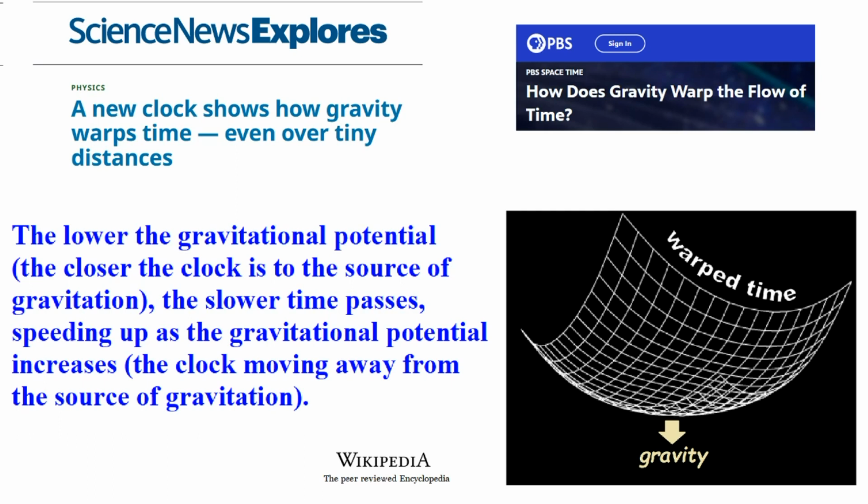And Wikipedia explains what they mean by that. It says the lower the gravitational potential, the closer the clock is to the source of gravitation, the slower time passes, speeding up as the gravitational potential increases, the clock moving away from the source of gravitation. And yeah, so they illustrate this nonsense, warp time, and they say gravity warps time.